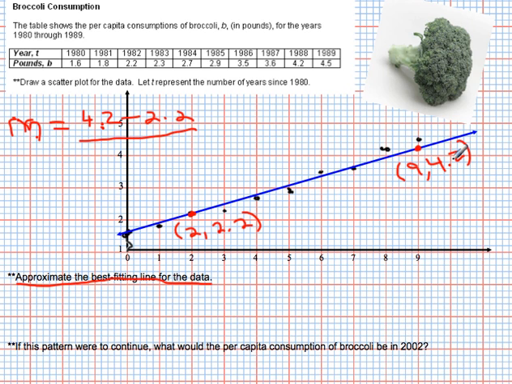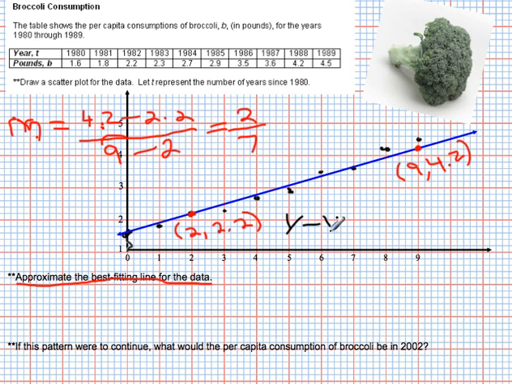Remember, if you start with this 4.2, you need to start with the 9. So I'd go 9 minus 2. So my slope, 4.2 minus 2.2 is 2. 9 minus 2 is 7. My slope is 2/7.